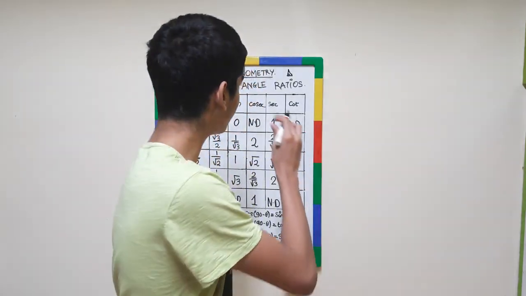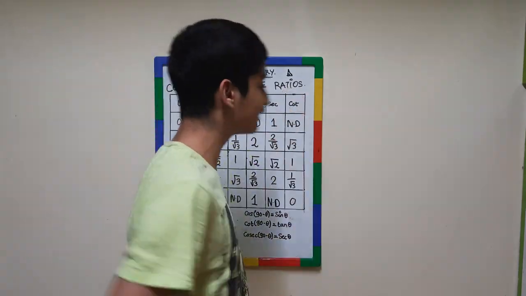As we know, the sum of all the angles in a triangle is 180 degrees, correct? But since we already know there's one 90-degree angle, it means that the other two angles together have to be 90 degrees, correct? This is known as a complementary angle. Therefore, complementary angle ratios in trigonometry.